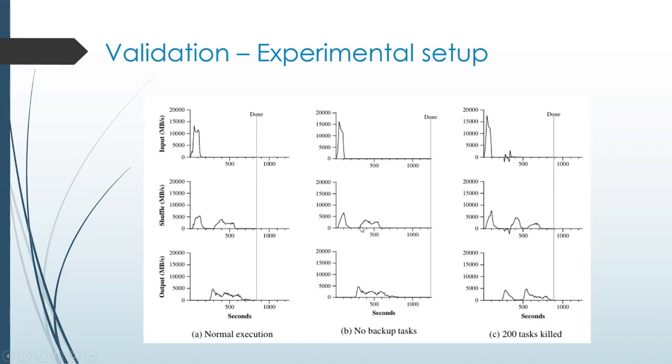Let's say we have removed backup tasks during this process. If you remove backup tasks during the execution of a sorting program, the authors have observed a 44% time increase compared to the normal execution.